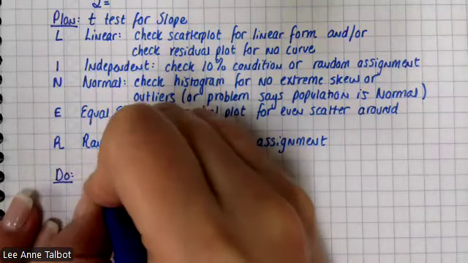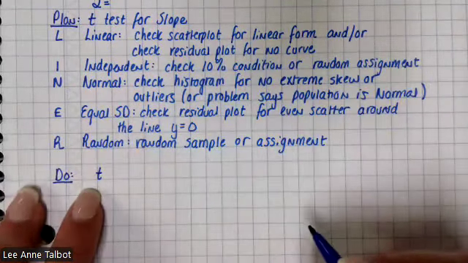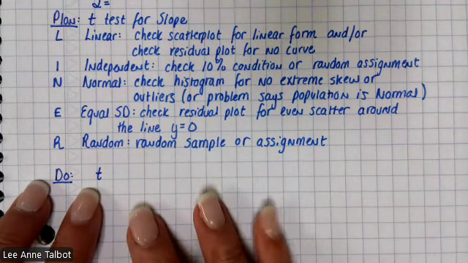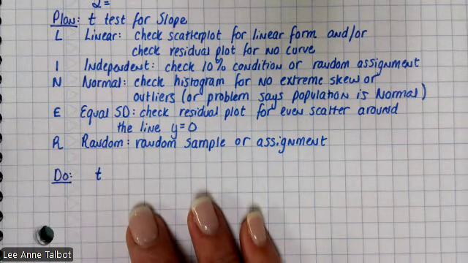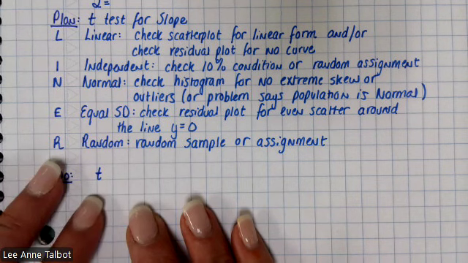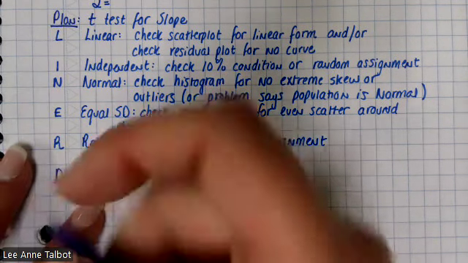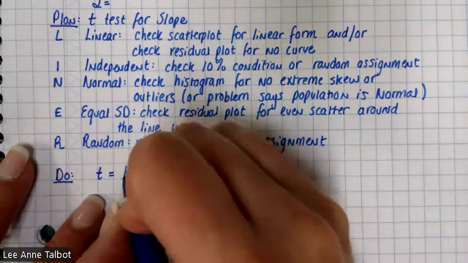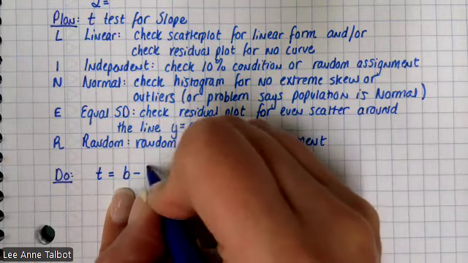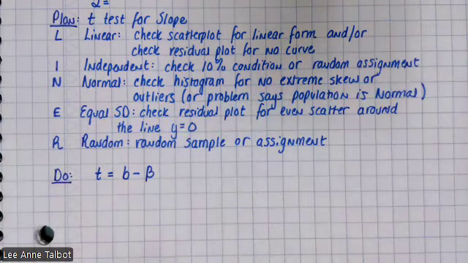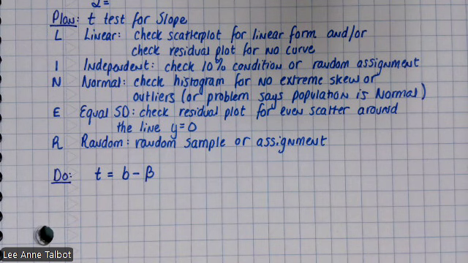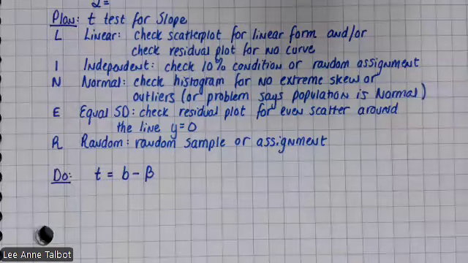Okay, this has a T statistic you have to find. So the confidence interval used T star and the test uses T. And here are the symbols. So this is little b minus big B. Let's go over what those things are, because I want to make sure that whole statistic minus parameter thing still makes sense here.